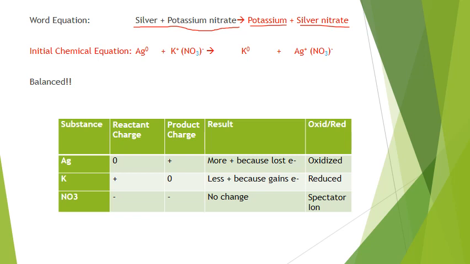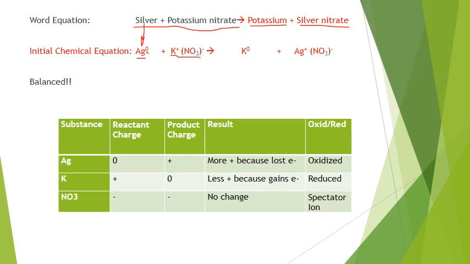Okay. The initial chemical equation is you just replace the words with the symbols. Silver, and anytime you have an element that's all by itself, it will always have a zero charge. Potassium nitrate, from our material we just got done with, is K plus, NO3 minus. Crisscross charges, or don't, because they're the same, so you're all right there.